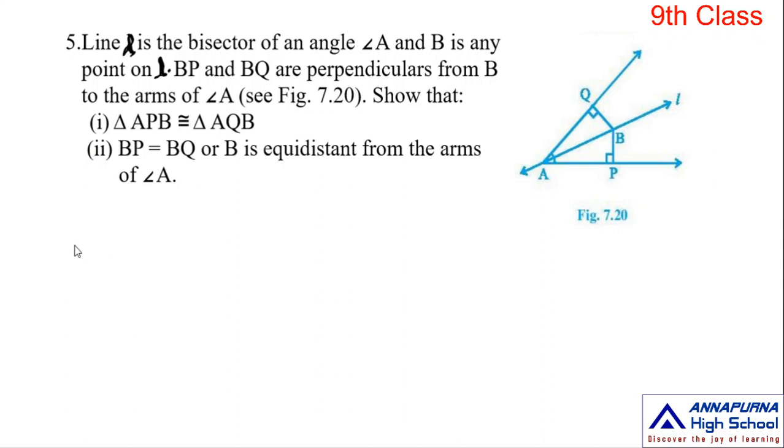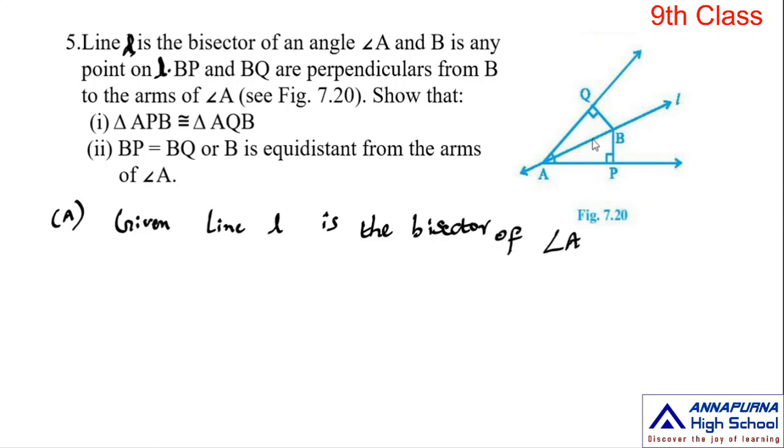Start the solution. Given line L is the bisector of angle A. So these two angles are equal.